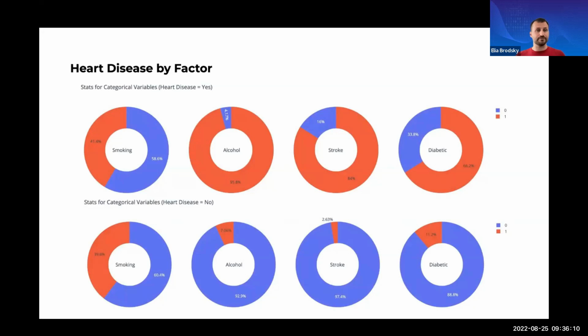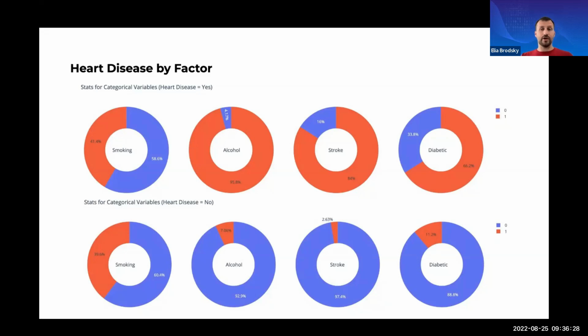In addition to that, you can look at other kinds of things here as well. So you can change, for example, how you visualize yes or no, right? And you can say, among people that have heart disease, how many of them are smokers?